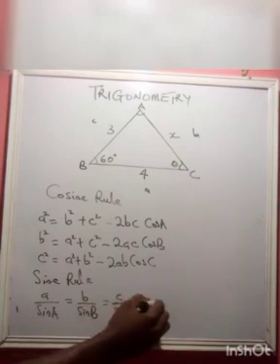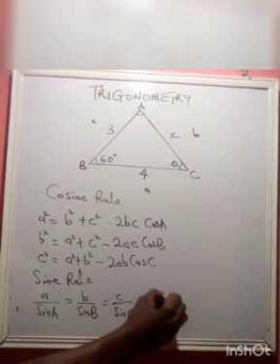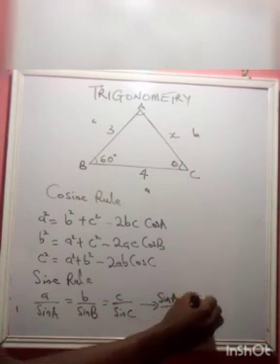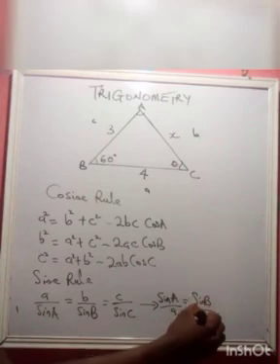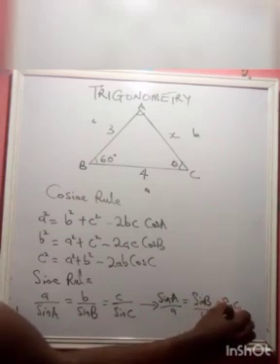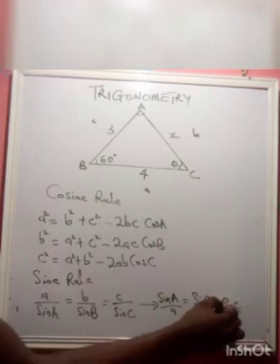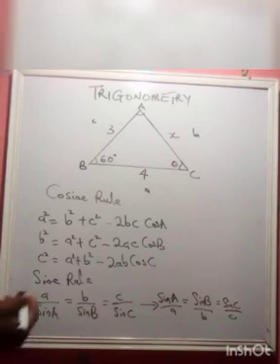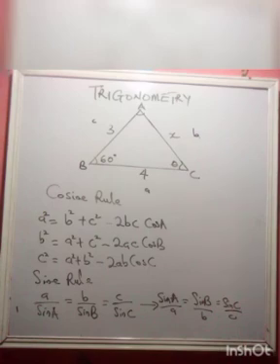This can also be written as sine A over A equals sine B over B equals sine C over C. Whichever one we are looking for, we simply cross multiply and then we get a value. So these are the basic formulas we use to look for angles or sides using the cosine rule or the sine rule.